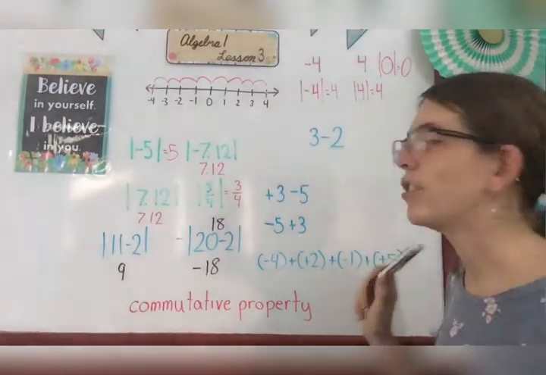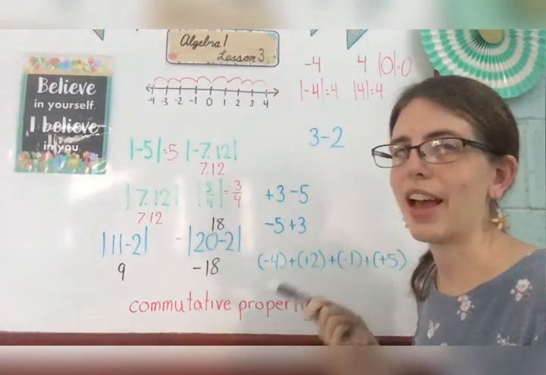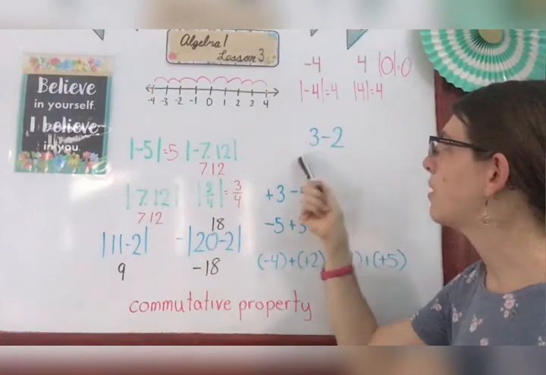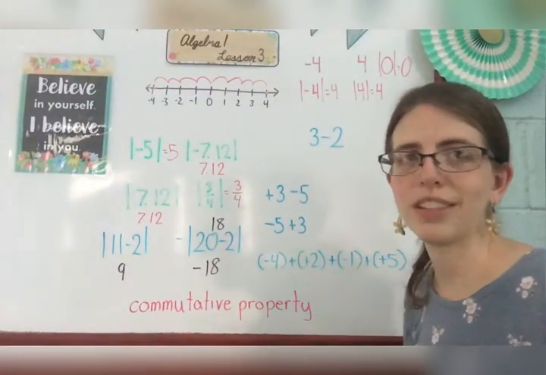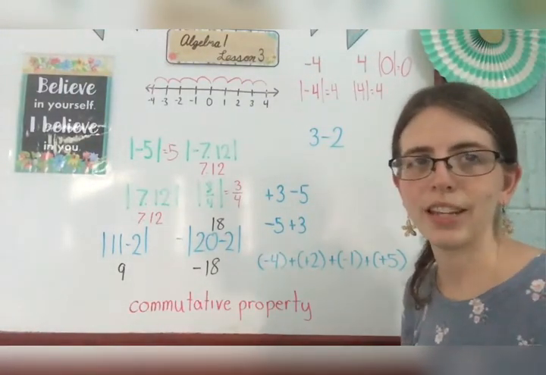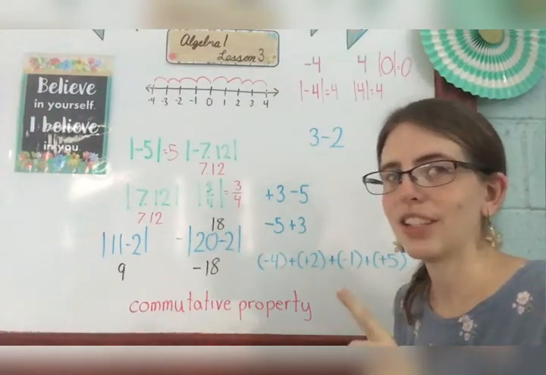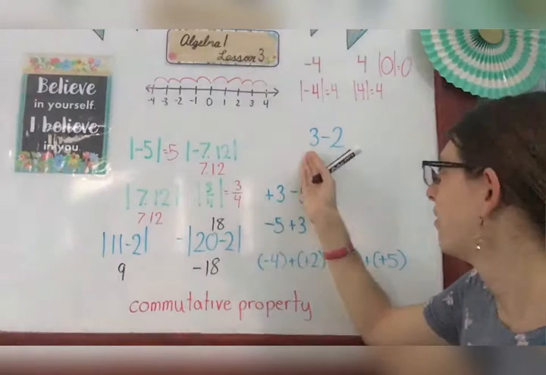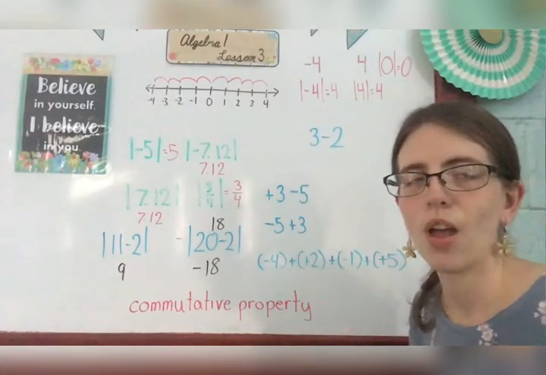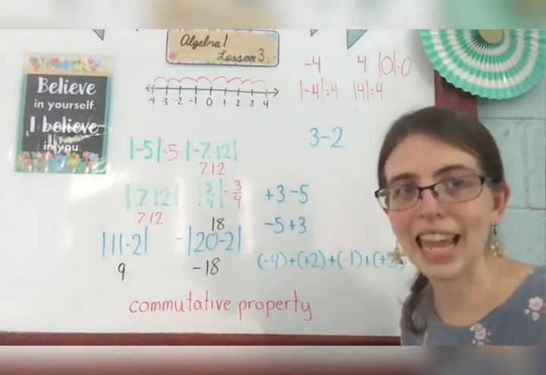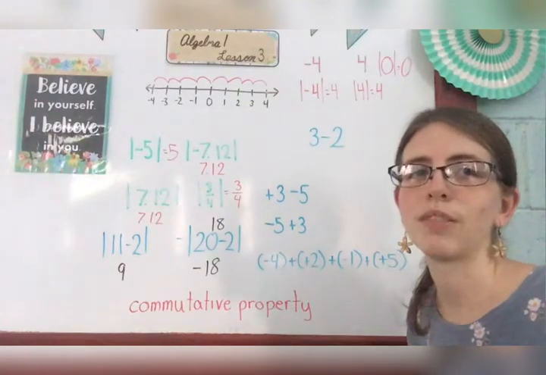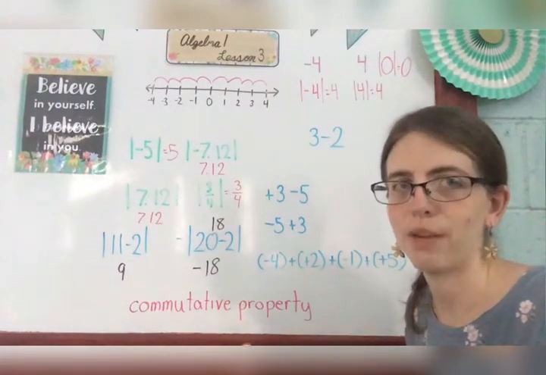Now I'm moving on to adding with signed numbers. If you see this, 3 minus 2, most of you are thinking, well, that's just 3 minus 2. That equals 1. But how do we know that we're saying 3 minus 2 and not 3 and -2? Well, really, it's the same when you think of it in terms of something called algebraic addition.